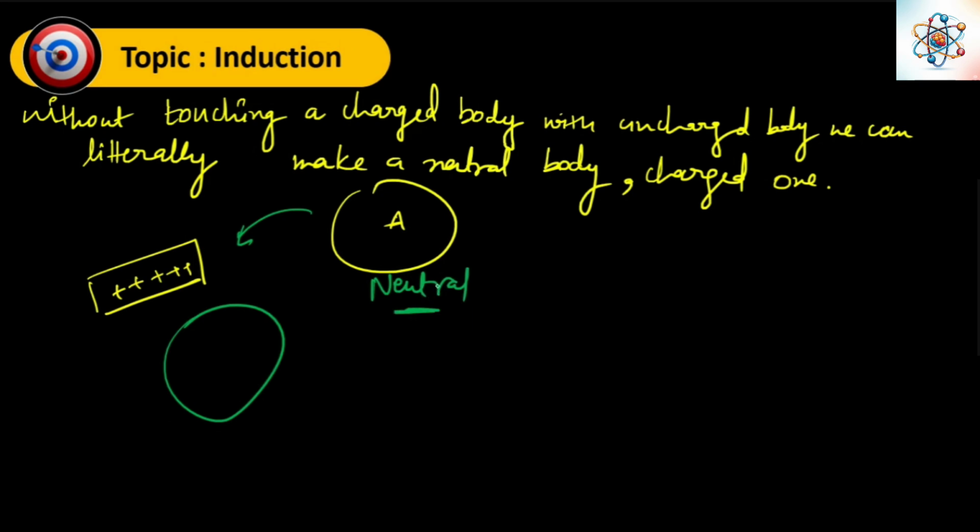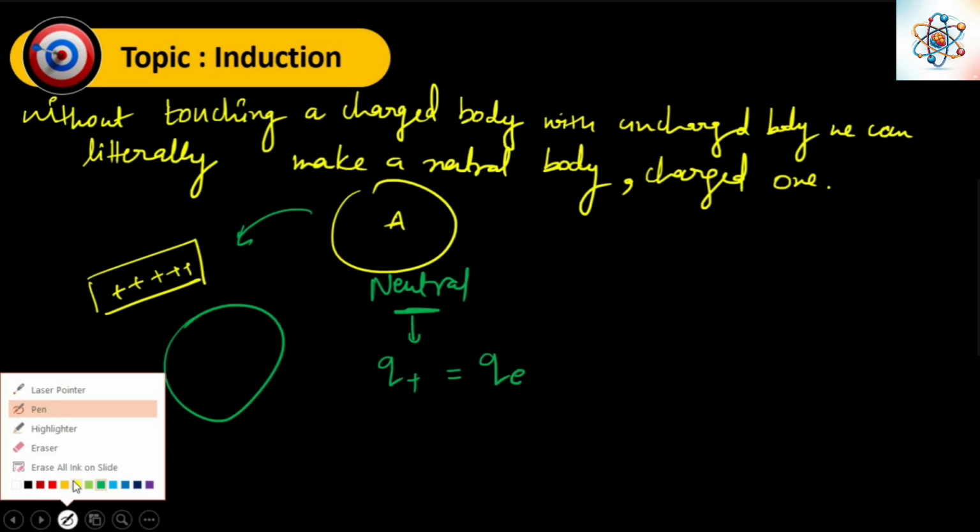So, what do you mean by neutral exactly? What do you understand by this term? It doesn't have a charge. This is what you think. It's not like that. It doesn't have a net charge, but the thing is, it has equal positive charge and negative charge.